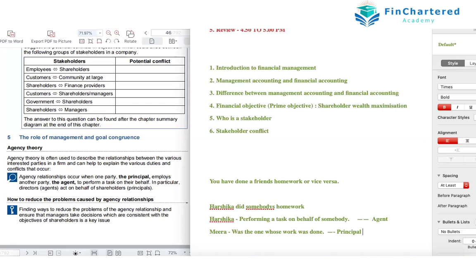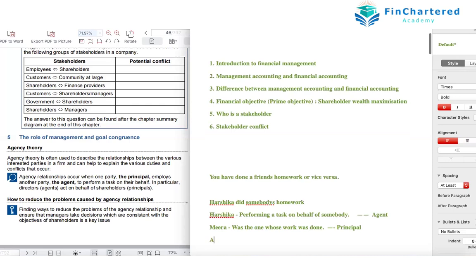Right? This relationship between people where one person does work on behalf of another person is agency. One party does tasks on behalf of another party. This is agency.